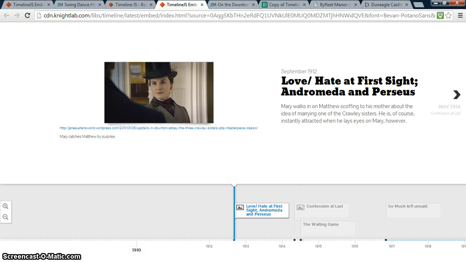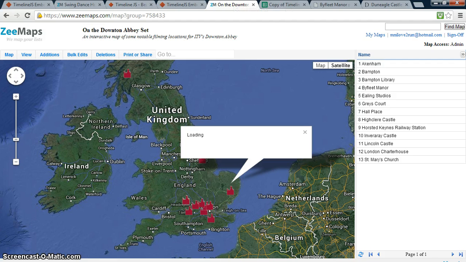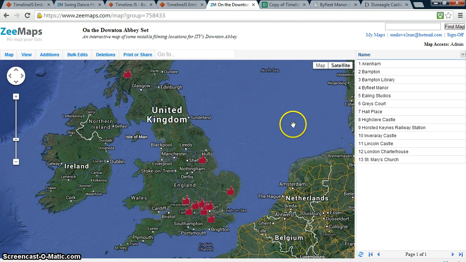For the map, I am doing different filming locations for the show. I was able to come up with 13, and there's a lot of information here on a few different sites, but I was able to compile it into one document, which I really liked. I like the fact that I can put all of these locations on a map because I think for myself, when I watch a TV show or a film, I get wrapped up in the magic.